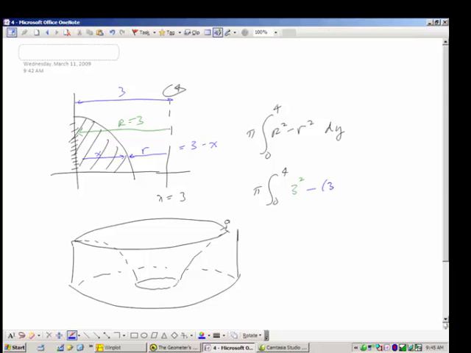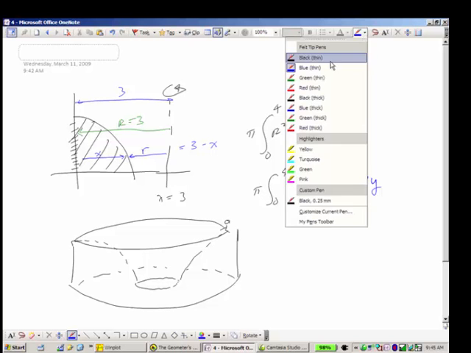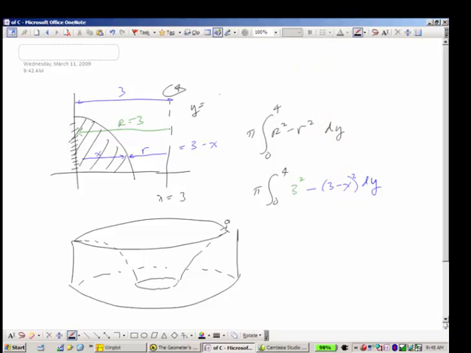So you could put 3 minus x quantity squared there, but the problem is we need x in terms of y. What do we know? y is equal to 4 minus x squared. So x squared is equal to 4 minus y, and x is equal to root 4 minus y.